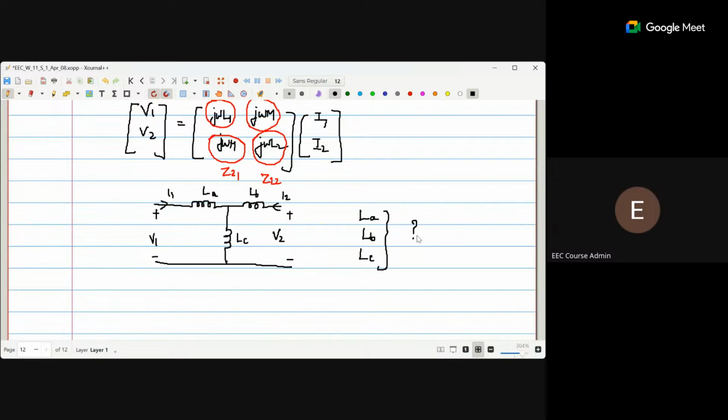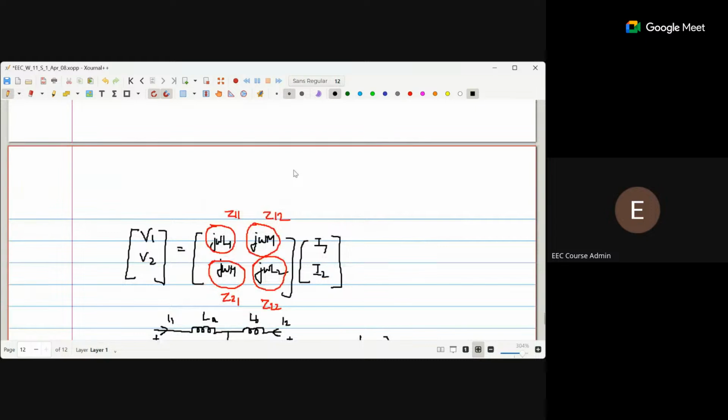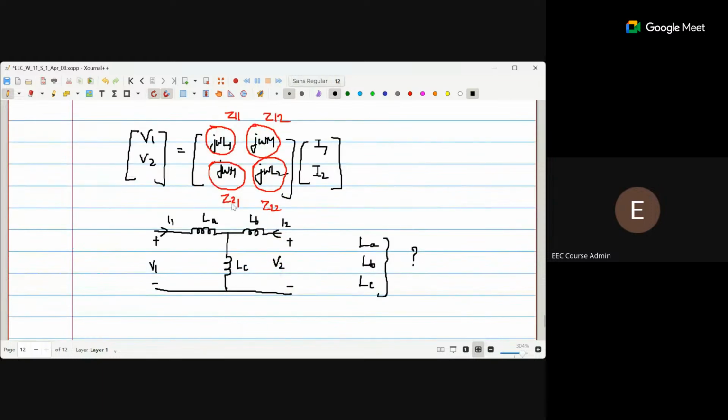You already know the set parameters of the transformer. The same transformer is now alternately represented electrically by this T network, so this T network will have the set parameters same as these values. So you have to equate the set parameters of this T network to these values, and accordingly you can find out LA, LB and LC.